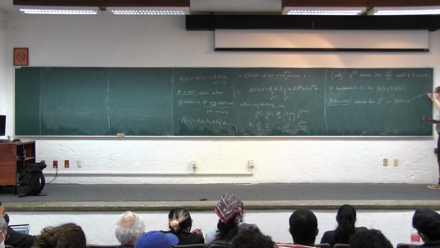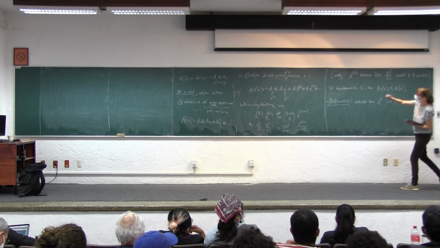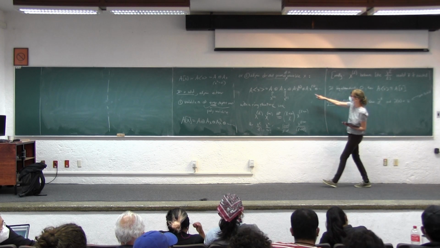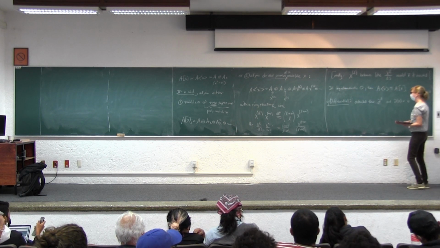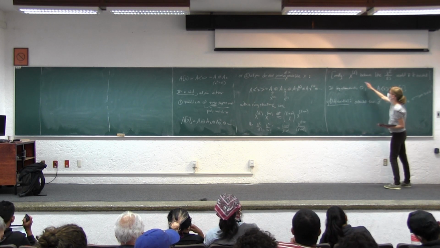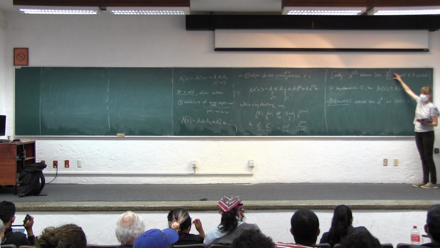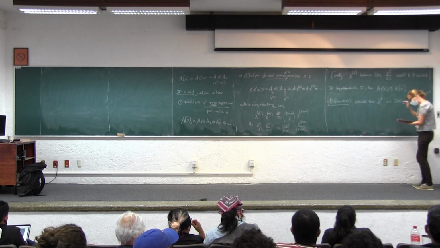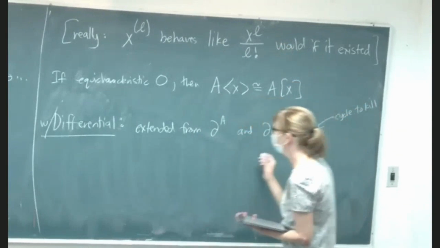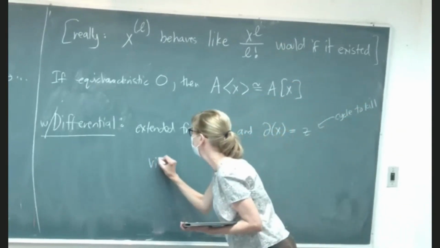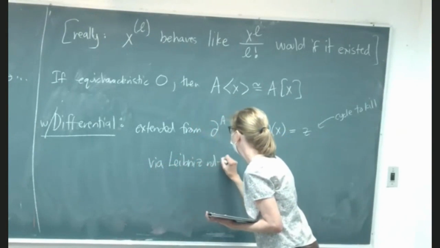The cycle to kill. So now it's a boundary. But in the divided power case, I have some more mysterious things, and I need to tell you what the differentials of those are. So this is extended via the Leibniz rule.